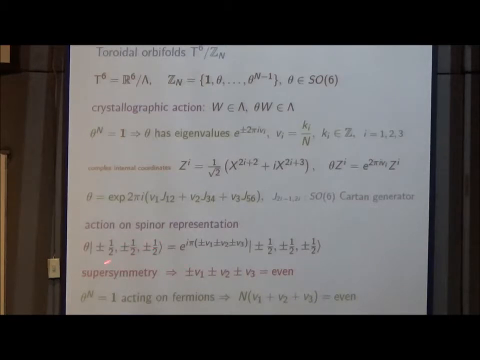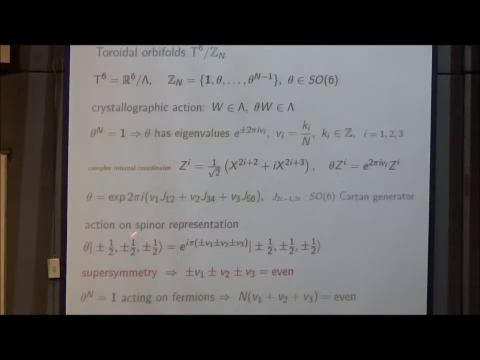How many spinor components are there? Eight. And this is 4 plus 4 of SO(6). I think George David told you that the spinor of SO(6) is 4 plus 4.